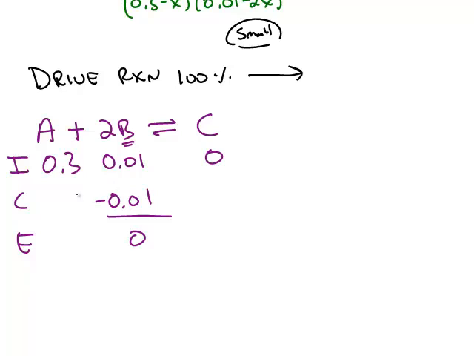Chemical A is also going to react away, but the 1 to 2 ratio between A and B means we lose 0.005 instead of 0.01 like we did for the B. So we're going to end up at 0.295 for the concentration of A. The concentration of C is going to increase by positive 0.005.